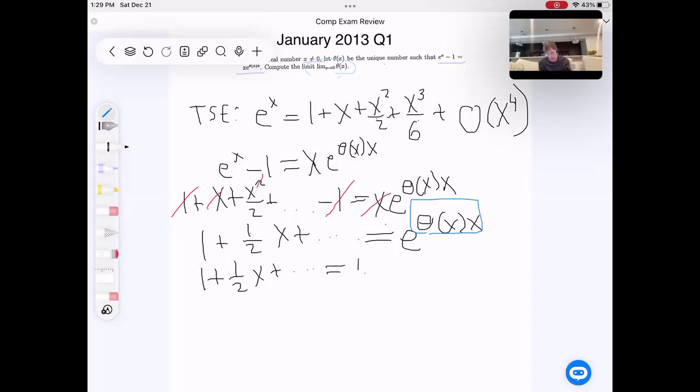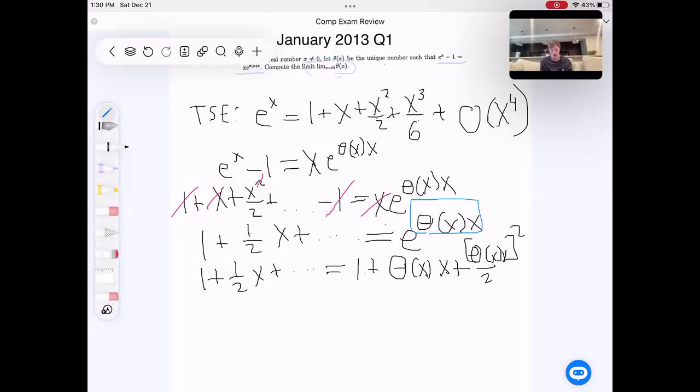That's going to be 1 plus, now what's going to come next? Theta x times x, plus theta x times x, the whole quantity squared over 2, right?